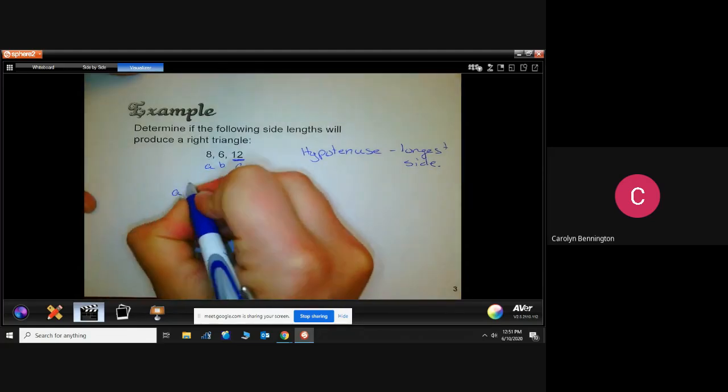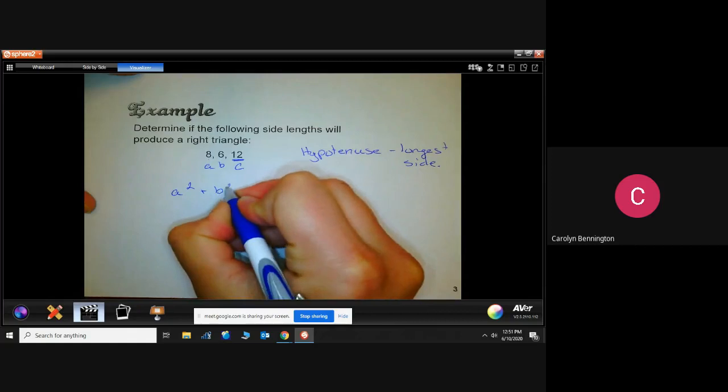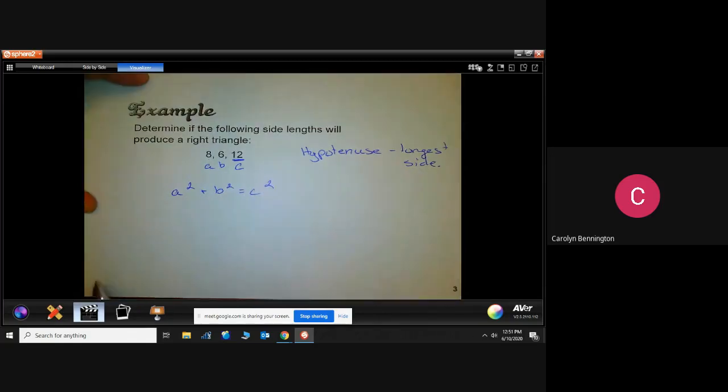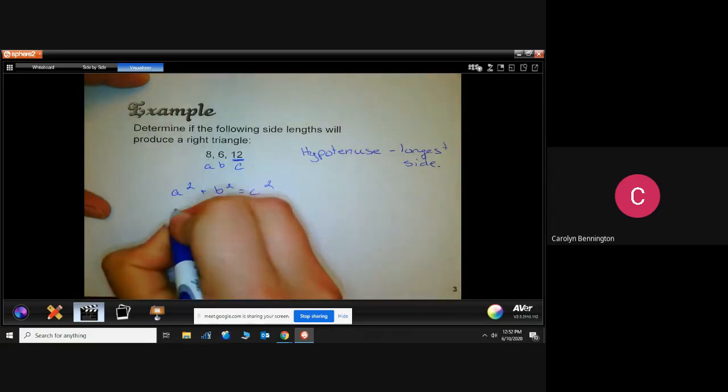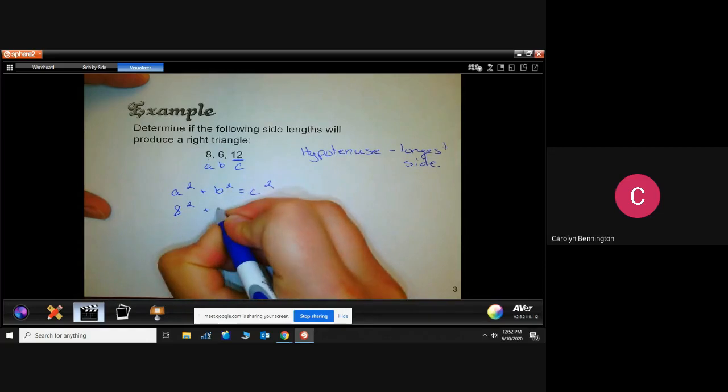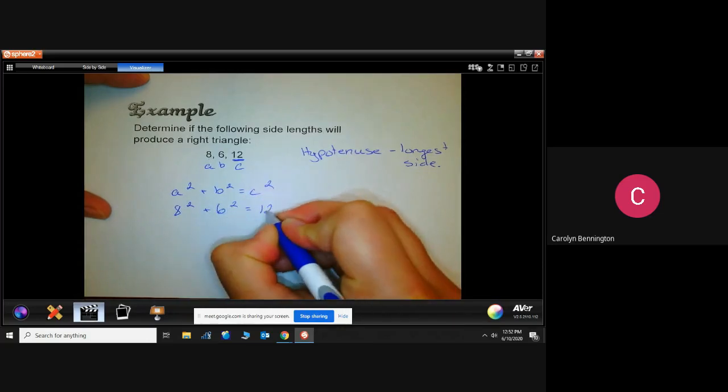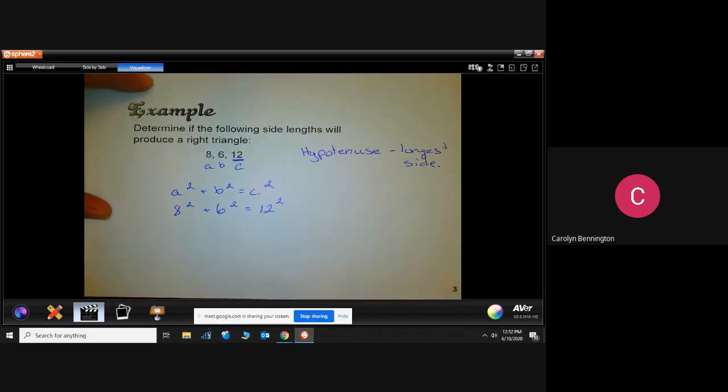So now we want to go to our Pythagorean theorem. And this time we're going to substitute all three of the numbers into our A, B, and C. So we're not trying to find one of the values. We have all three values, and we want to see if it actually creates a right triangle. So our A is 8. So we'll have 8 squared plus 6 squared equals 12 squared.